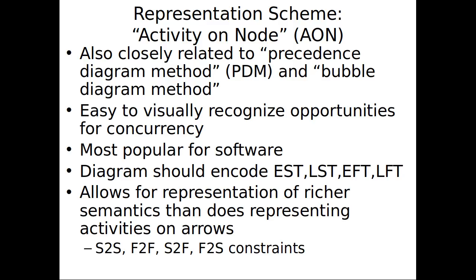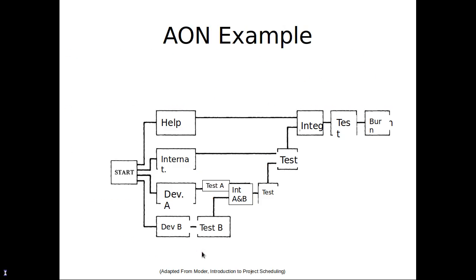So if you go online and use online project scheduling tools, Primavera Project Manager, Microsoft Project, you'll be using this basic method. And again, we're only going to be dealing with a situation where we have finish to start constraints. One node has to finish before another can start.